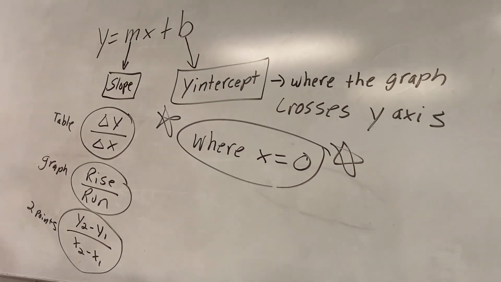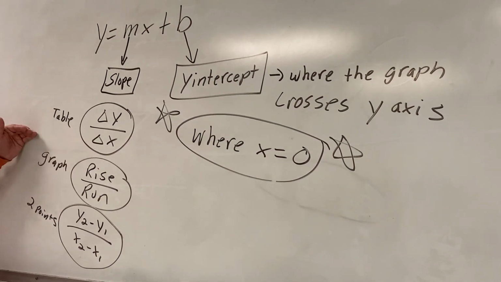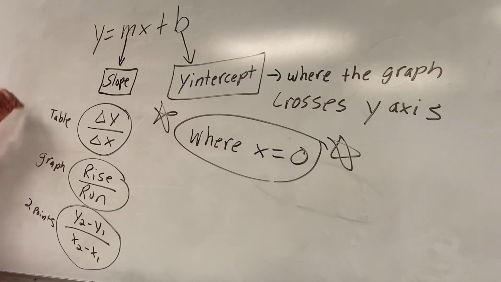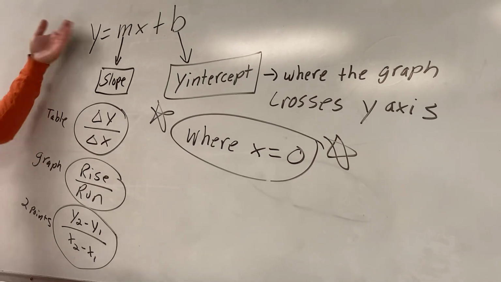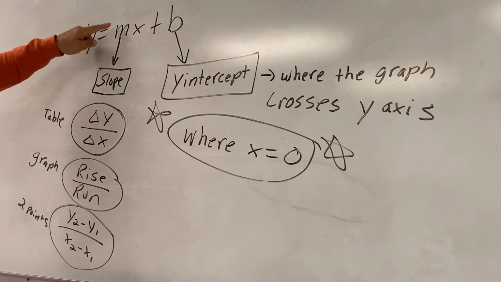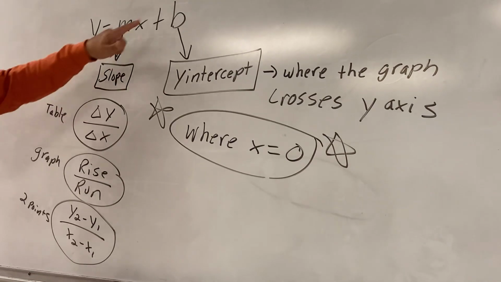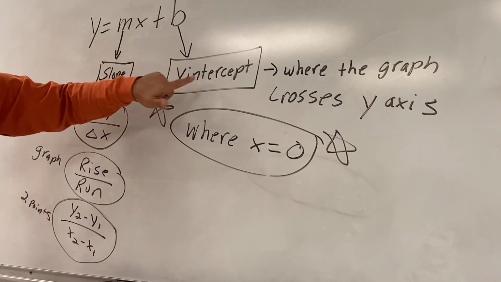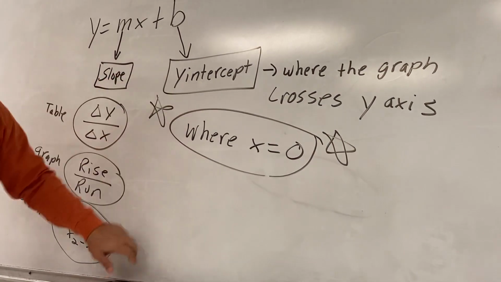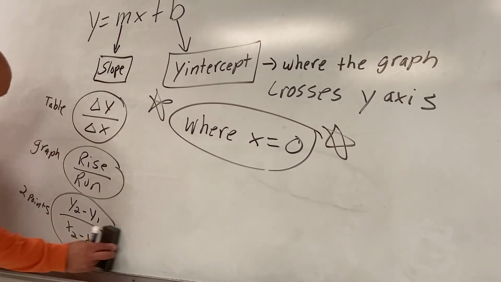All right, so they could give us a table or a graph or some points and ask us to find the equation of the line. We would need to find 2 things: the slope, and then the y-intercept. All right, let's do it.